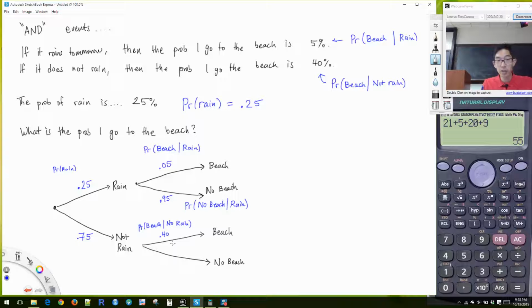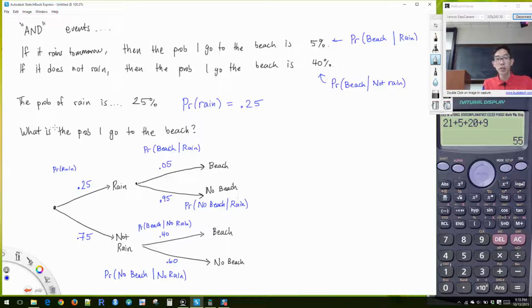Then down here, if it doesn't rain, what's the probability I don't go to the beach? 0.60, and that would be probability of no beach given no rain.